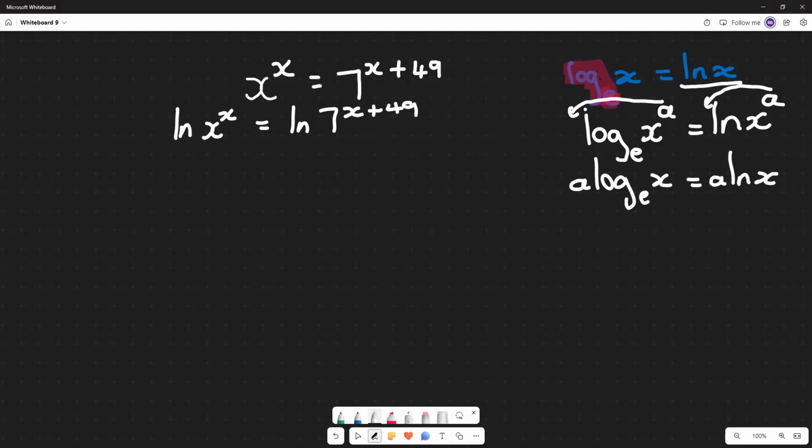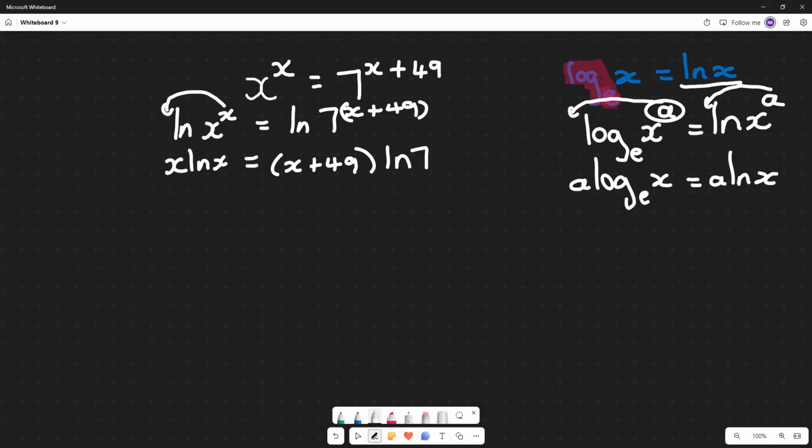And then I can use this rule now of multiplying by the exponent. You can see that the exponent here is x, so this x will multiply here. So you're going to have x ln x. And then here the exponent is x plus 49, so I'm going to keep it in brackets. So x plus 49 is my exponent, and then I'm left with ln 7. You see, ladies and gentlemen, the exponents multiply.